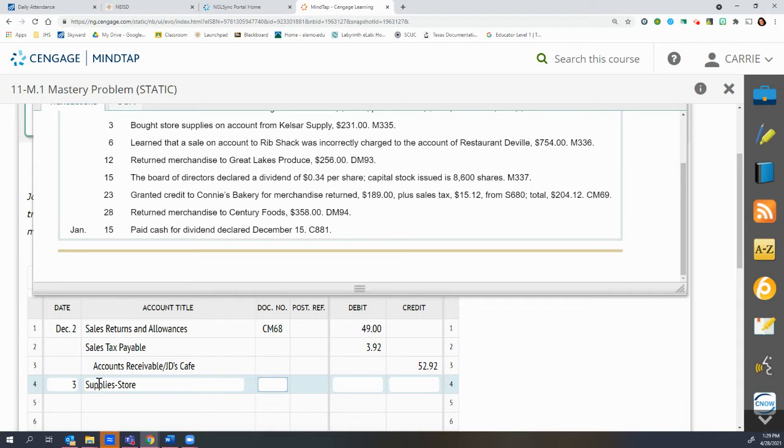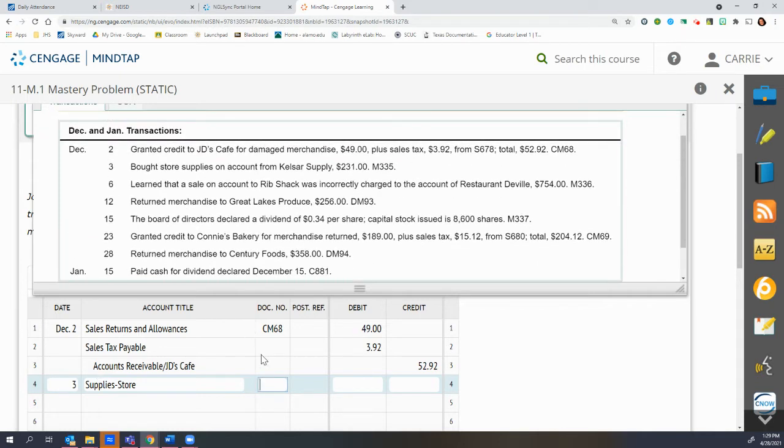And it is memo 335, and it is for $231. And then the credit is for the accounts payable, $231.